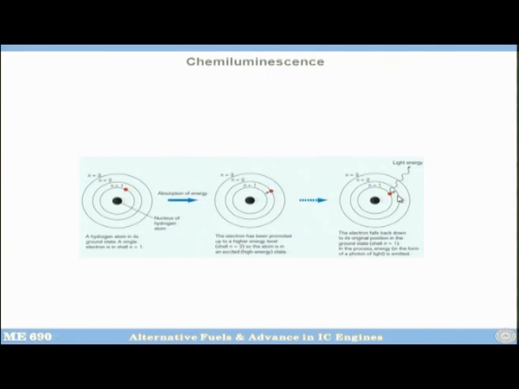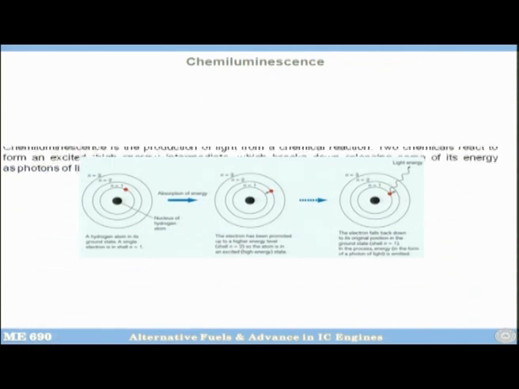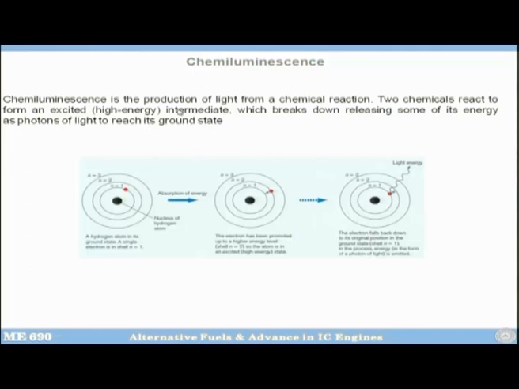That is what is chemiluminescence. Okay. So, this is the basic principle. So, chemiluminescence is production of light from a chemical reaction. Two chemicals react to form an excited higher energy intermediate. So, this is just an intermediate whose life may be very short or very long, it is spontaneous. But finally, it breaks down, releasing some of its energy as photons of light to reach the ground state. Okay.